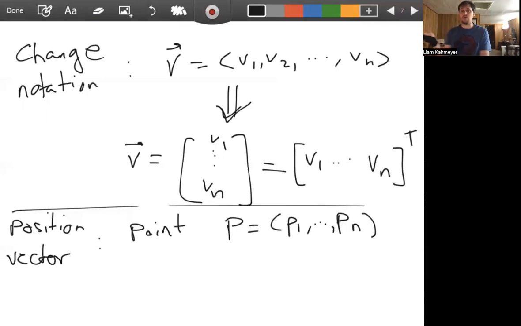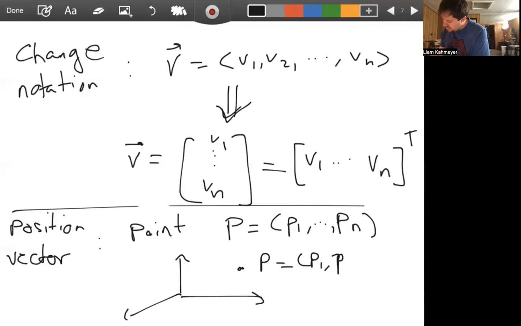Those are the coordinates of the point in n-dimensional space. Of course, the biggest dimension I can draw is 3, but humor me, use your imagination here. So this is the point p1, p2, ..., pn.